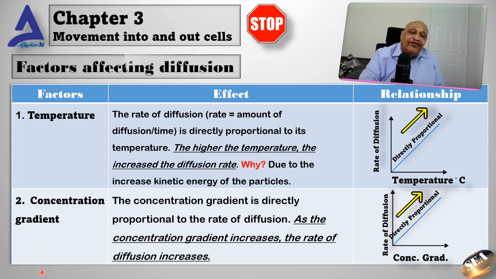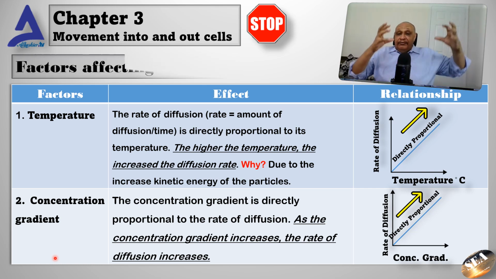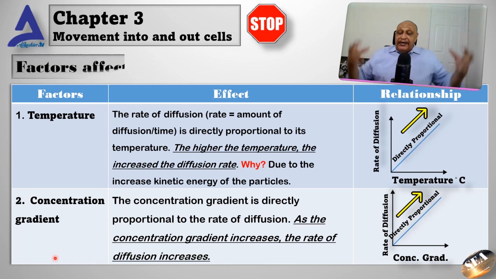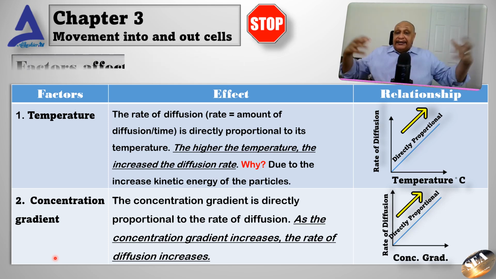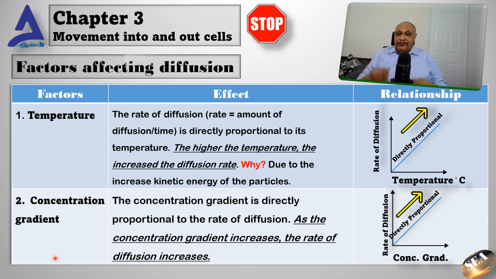The same thing for the concentration gradient. The concentration gradient is directly proportional to the rate of diffusion. That means if I have a huge amount of concentration, a larger concentration, as the concentration gradient increases, the rate of diffusion increases. As the concentration gradient decreases, the rate of diffusion decreases.